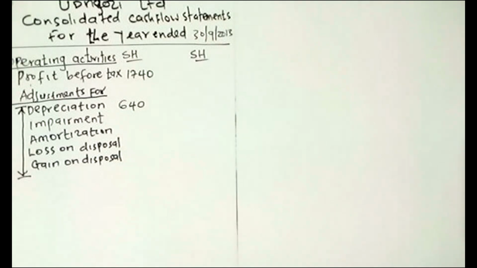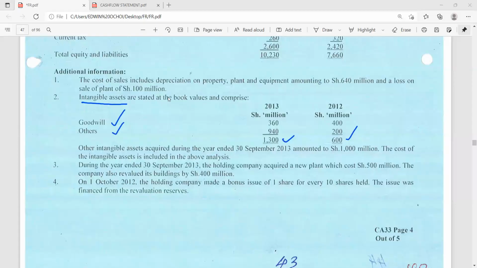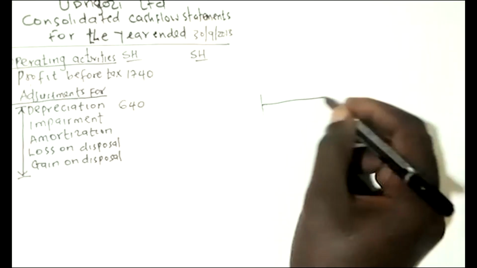Impairment and amortization. What is impaired? Goodwill. You need to check goodwill. Then you analyze from the year 2012 to 2013. Is there a decrease or an increase? Remember that what you are provided here is the year 2013, September, and the year 2012.